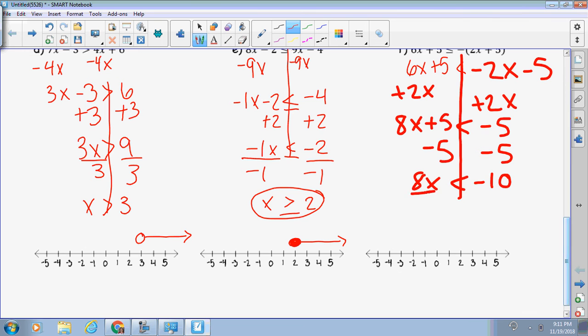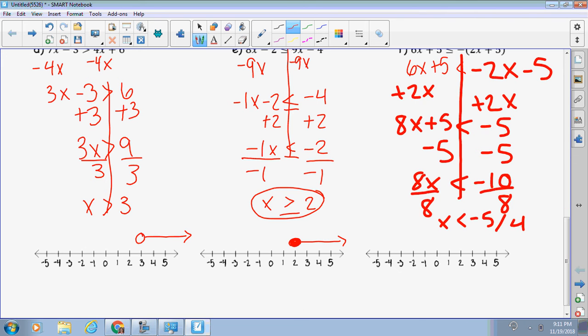Going to divide by 8. x is less than negative 10 over 8. And if you push second PRB, it's going to tell you it's negative 5 over 4, which is really close to negative 1.25. Actually, it is negative 1.25. So I'm going to go to negative 1.25.